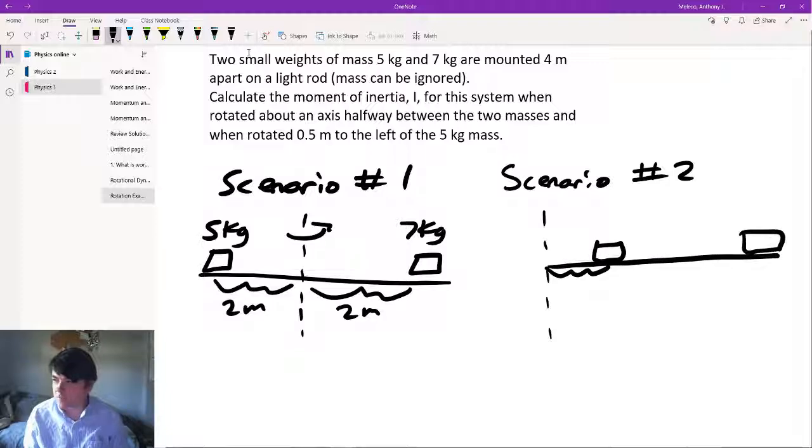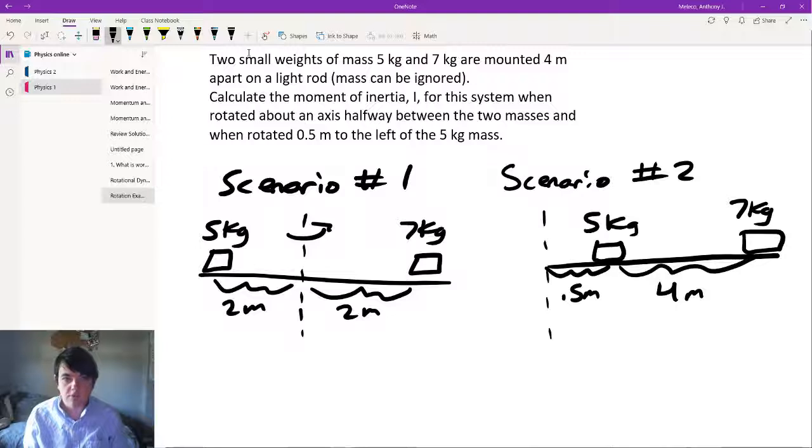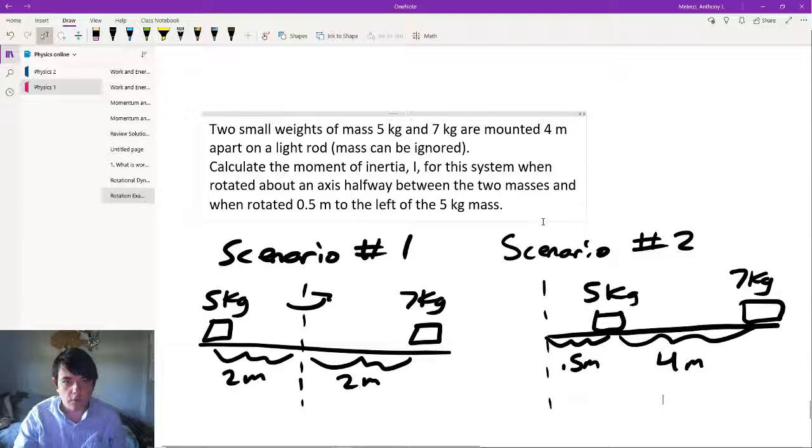Our second mass is going to be over here, so this is 7 kilograms, 5 kilograms, and it's 0.5 meters to the left of this one, and then 4 meters there. Oh, that's 3.5? Oh, 4. Wait. Yeah, because they're 4 meters apart.